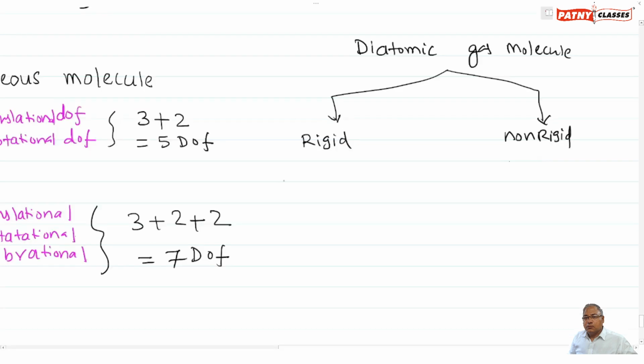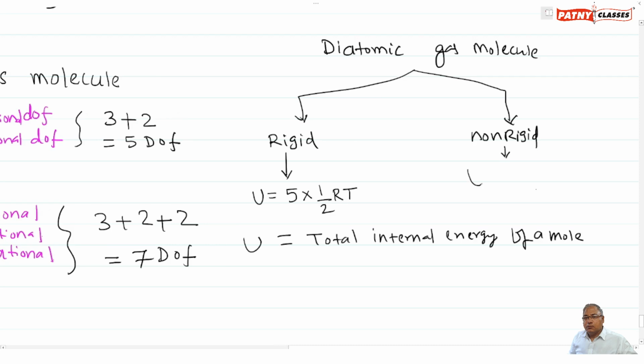So the internal energy for a diatomic gas molecule, if it is rigid, U equals degrees of freedom multiplied by half RT. Similarly, if the diatomic gas molecule is non-rigid, then the total internal energy per mole U equals the degrees of freedom.